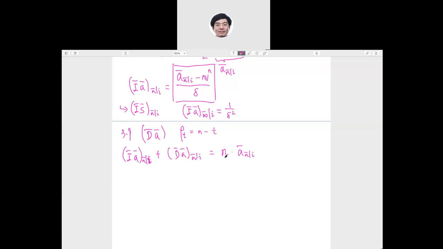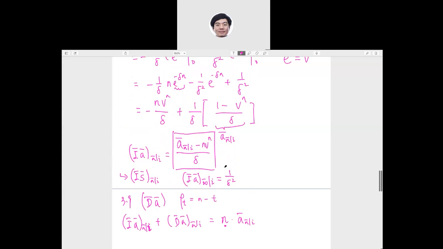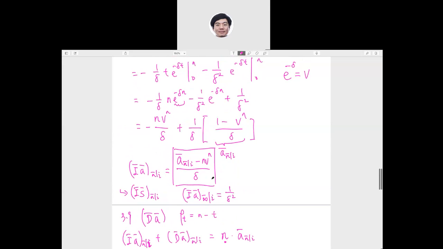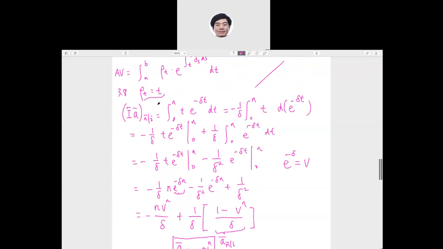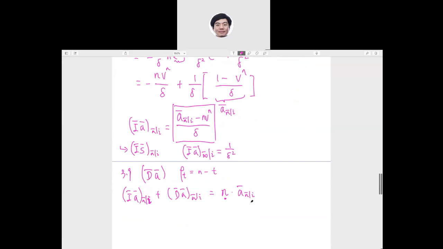So note here is n, right? Previously, when we do IA and DA without bars, those are n plus 1. The reason why it is n here is because here is n minus t, here is t, right? Adding them together is n. So that's why it's n, not n plus 1. We already know I bar, A bar, right?